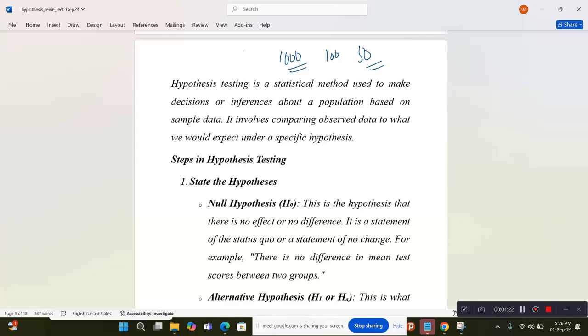Someone can ask you, for example, you are given data of the number of hours students spent on TV versus their scores in a particular paper. Maybe they were subjected to a number of hours before they did a particular test.